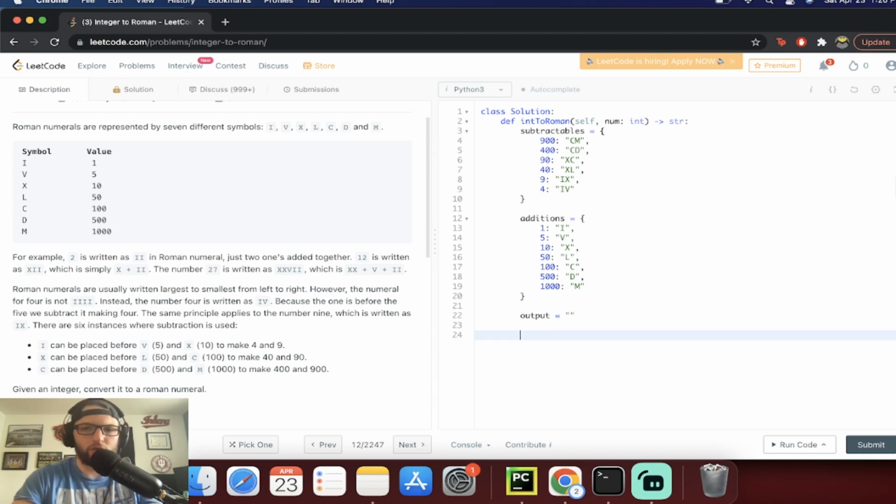So we are going to sort. Subtractables equals sorted subtractables dot items, lambda x sub 0, reverse equals true.